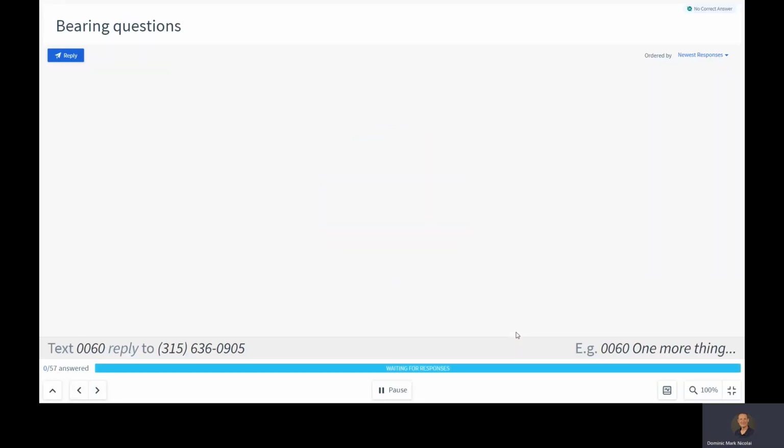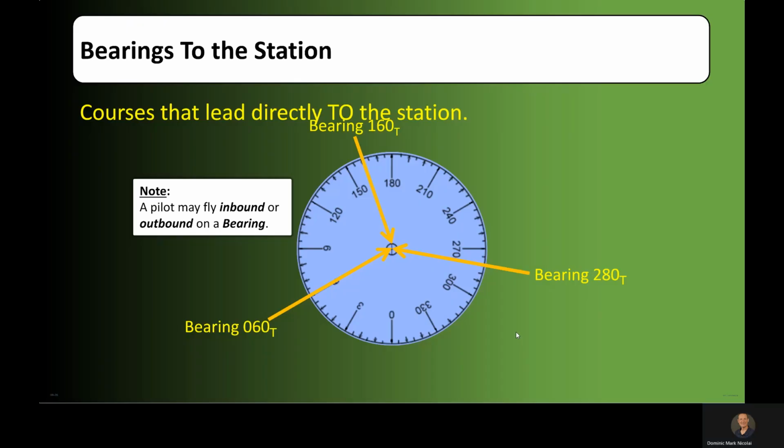Well, let's talk about bearings. We've got the discussion area there for you and how they relate to courses. We're going to start with bearings to the station, and a bearing is simply a course. Slightly different terminology. With the VOR, we always talked about a radial, but a bearing can apply to any type of nav aid.